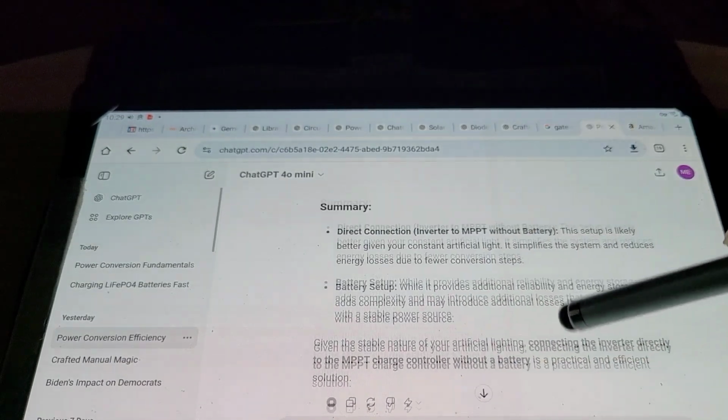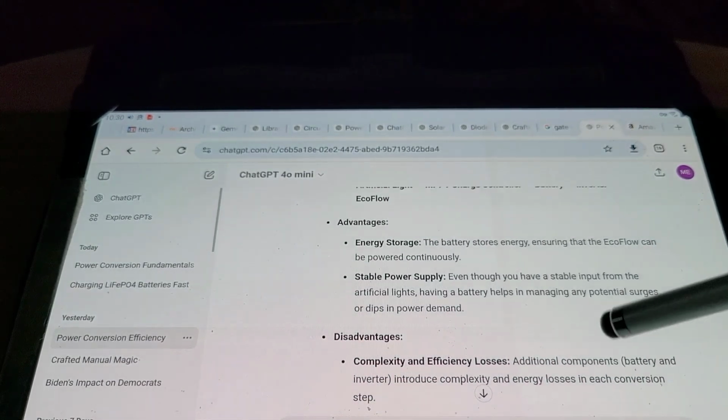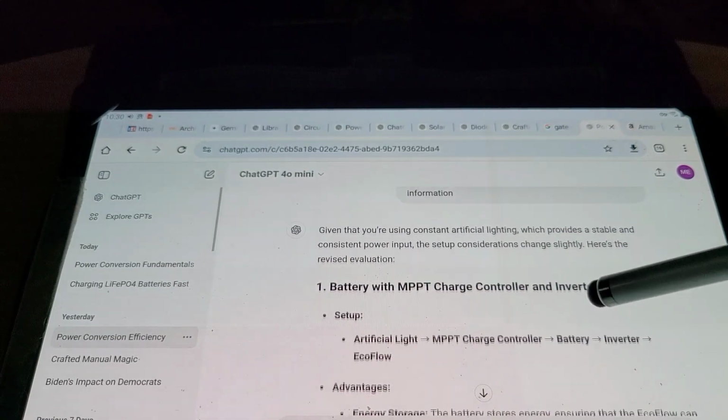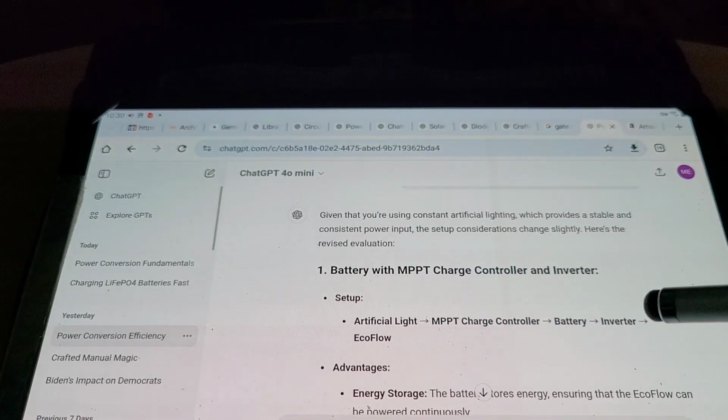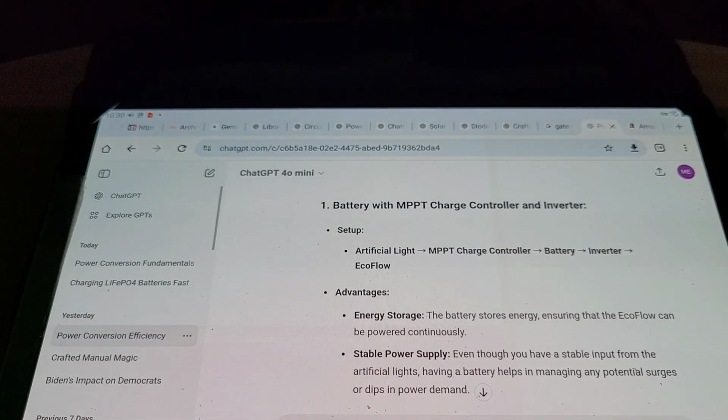Given that you're using constant artificial lighting, which provides a stable and consistent power input, the setup considerations change slightly. Here's the revised evaluation. 1. Battery with MPPT charge controller and inverter. Setup: artificial light, MPPT charge controller, battery, inverter, EcoFlow. Advantages: energy storage.